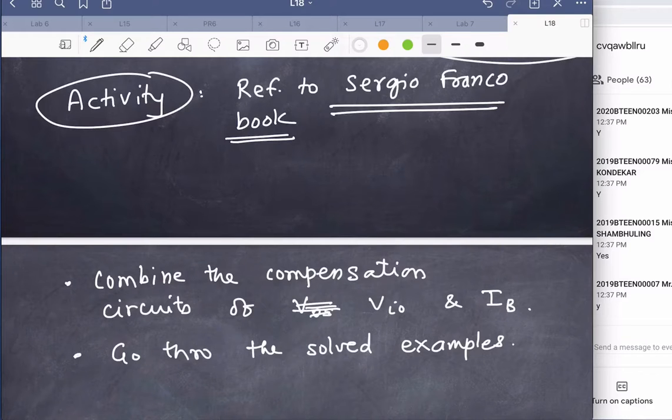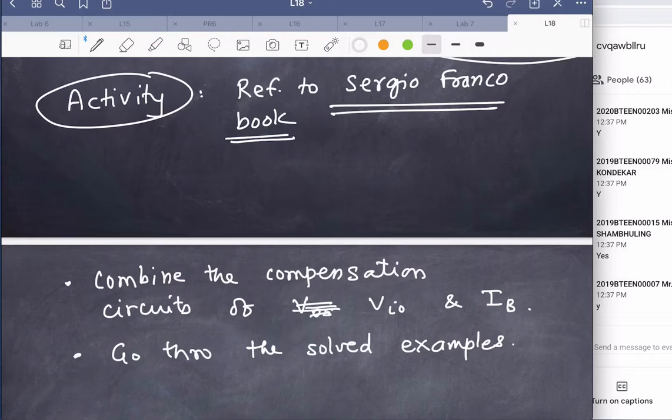Everybody understood this much? So please go through the book of Sergio Franco. Maybe I'll provide some references for that, or I'll give it to Ninad, who will circulate that, so that everybody will be able to go through the respective pages.